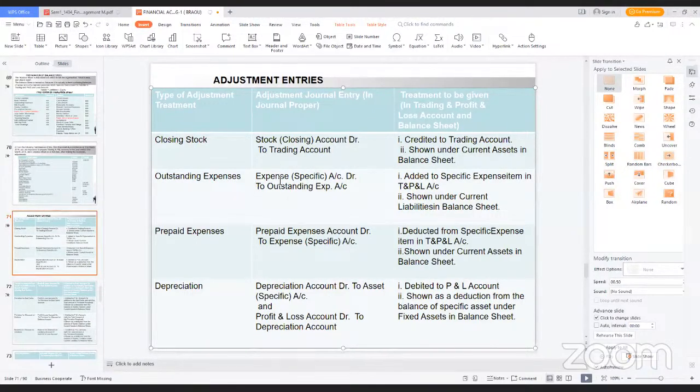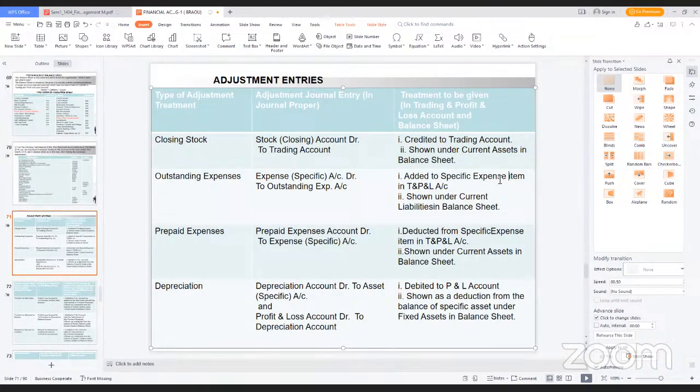The expense, what is the expense? That is a specific account. That is, rent account debit to outstanding, means that you still have to pay the outstanding for the rent. So the treatment, how will you be posting this one? First, you'll add it to the specific expense item in the trading account or the profit and loss account.